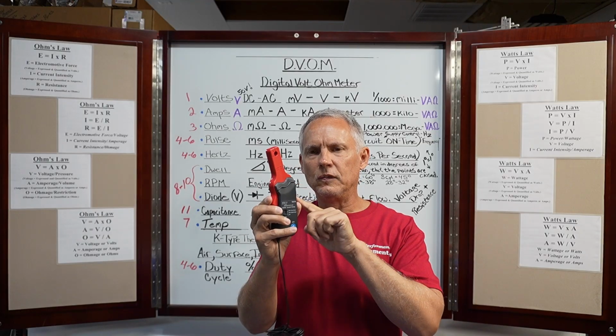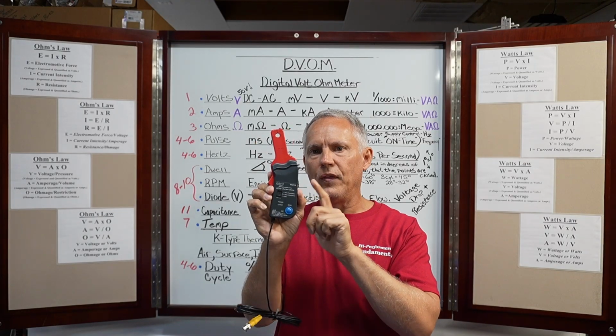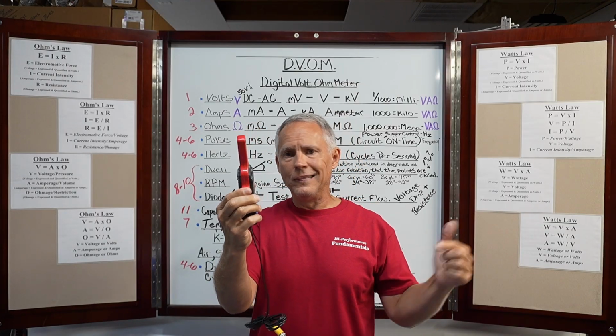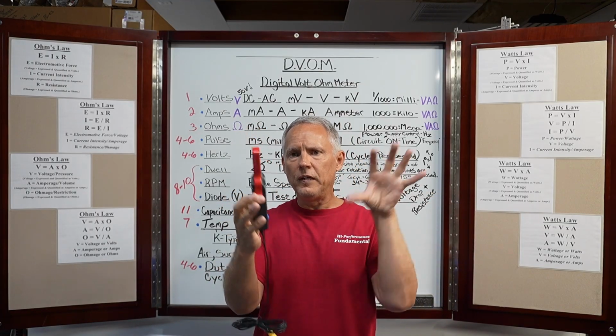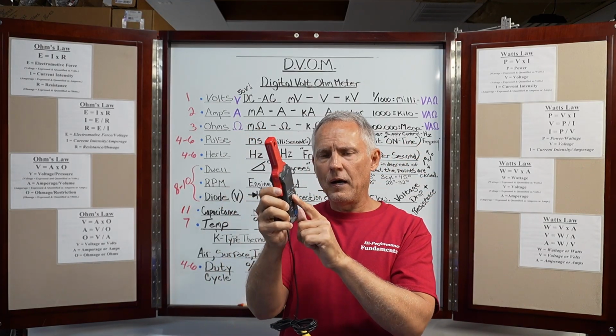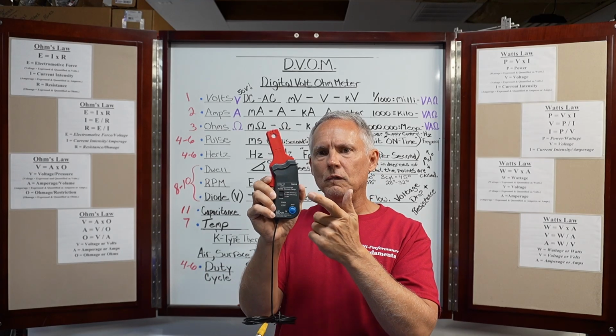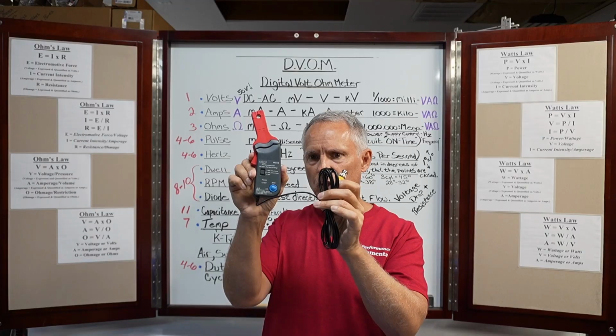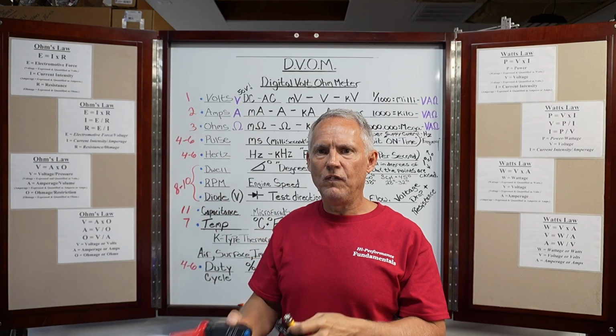Greater value is created with the inductive ammeter. So what this does is measure that magnetic field. As the flow increases, the magnetic field increases. The inductive ammeter senses that, and it then provides a voltage signal to your DVOM.